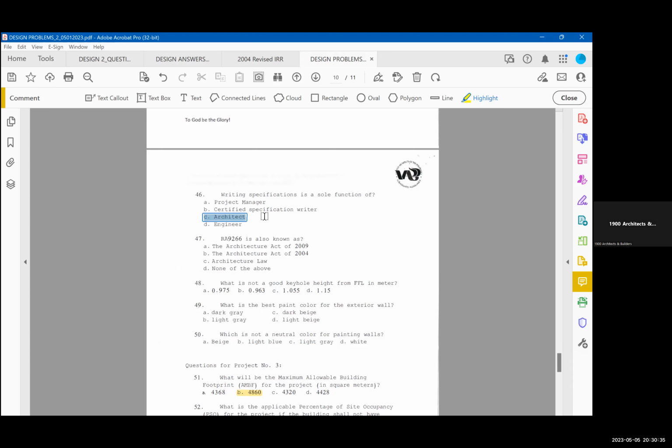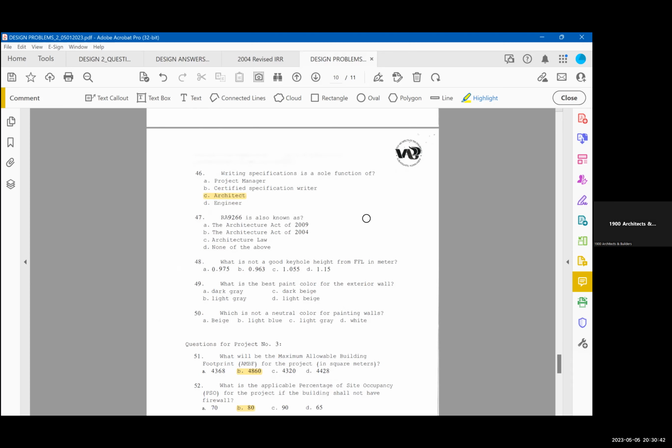Answer is letter C. Tayo rin ang gumagawa ng specifications. Number 47. RA 9266 is also known as A, the Architecture Act of 2009, B, the Architecture Act of 2004, C, Architecture Law, D, none of the above. So, dapat ito, alam na natin ito ha.